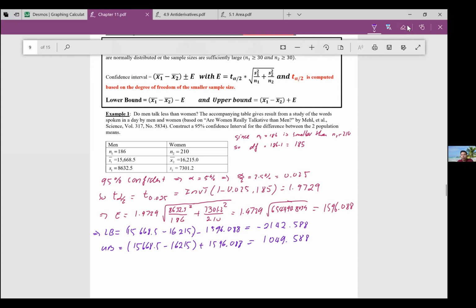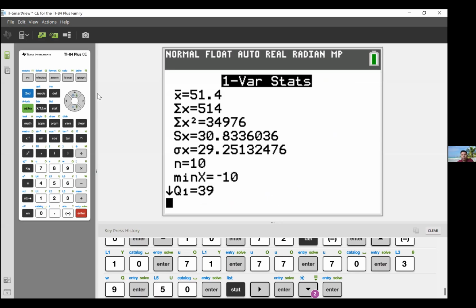Yes, Matthew. For the inverse t, is that 1 minus 0.025? Yes. You put in whatever that equals into the area for the inverse t, like 0.9175 or whatever it is.